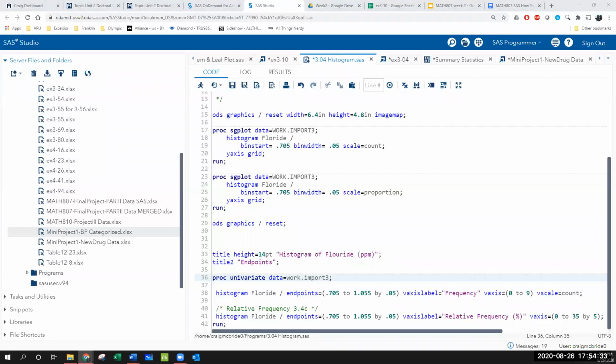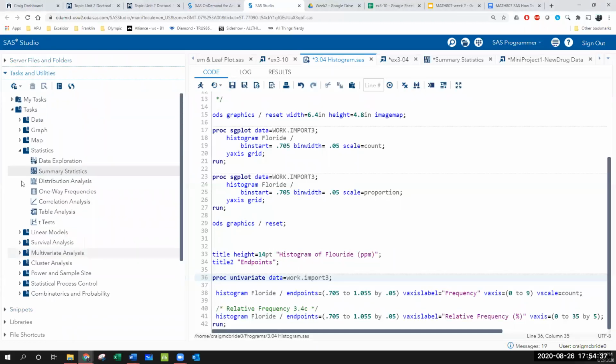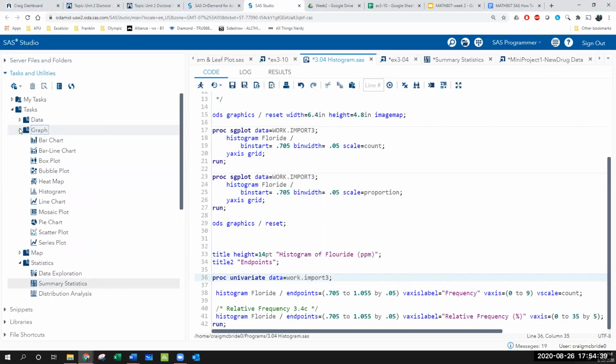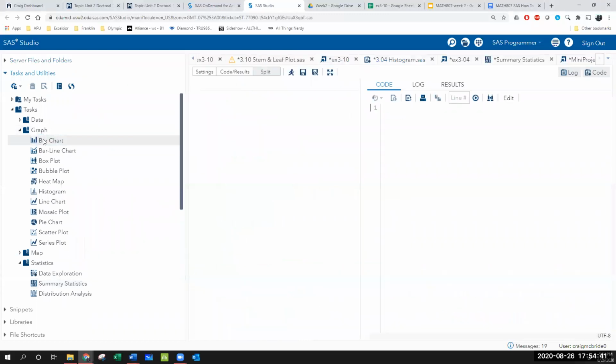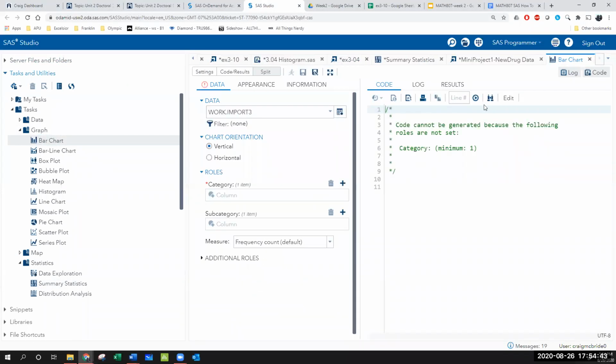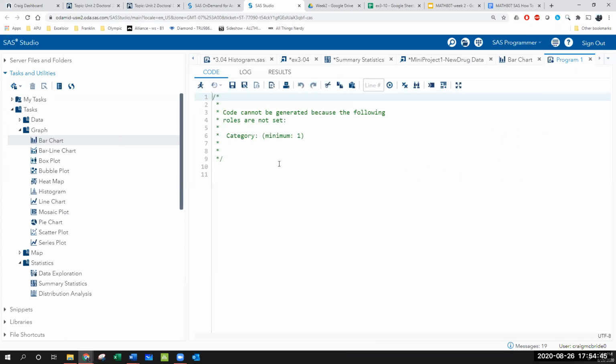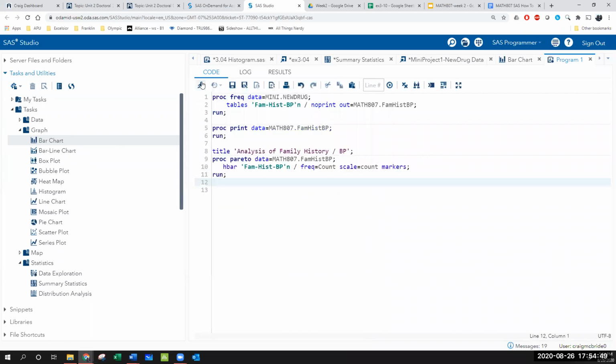So let's do this. All right, does that look right? That's your data, the mini new drug stuff? New drug, yes. I think. Okay. I have to change that.